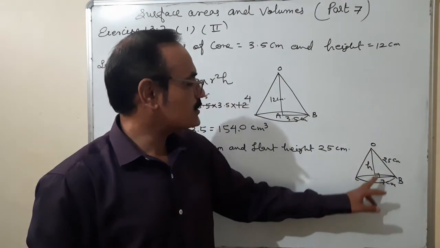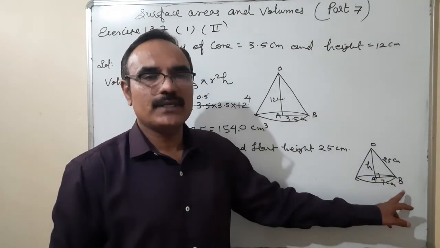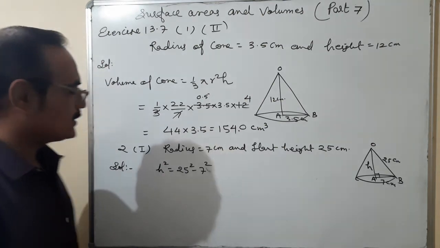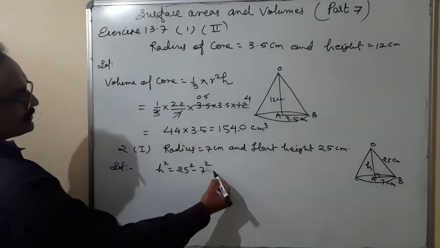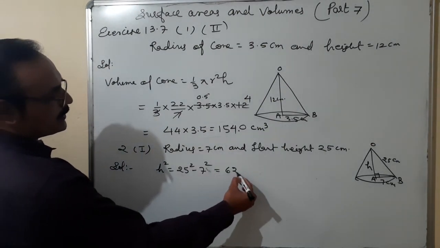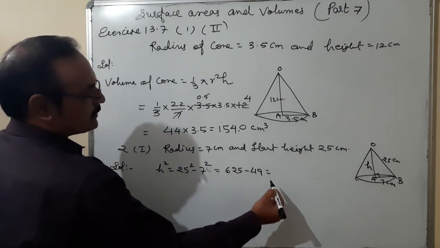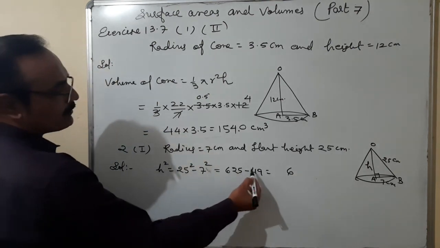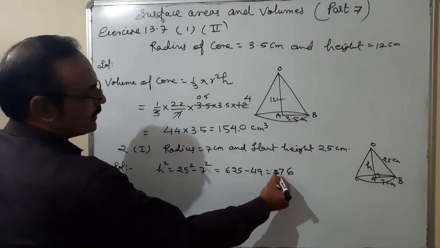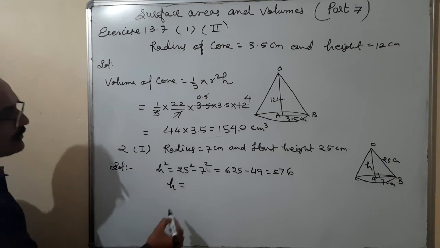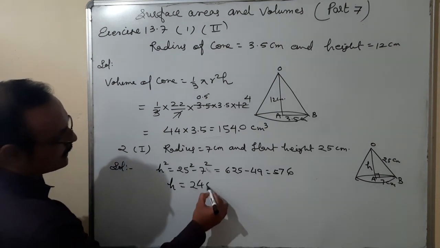That means OA square is equal to OB square minus AB square. Because we are finding the height, h square is equal to 25 square minus 7 square, which is 625 minus 49, that is 576. So h is equal to the square root of 576, which is 24 centimeter.